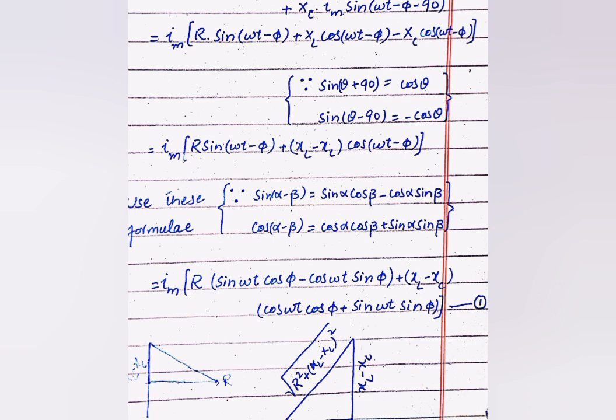The perpendicular is XL minus XC and the base is R, and here we calculate the hypotenuse, that is the square root of R squared plus (XL minus XC) squared.